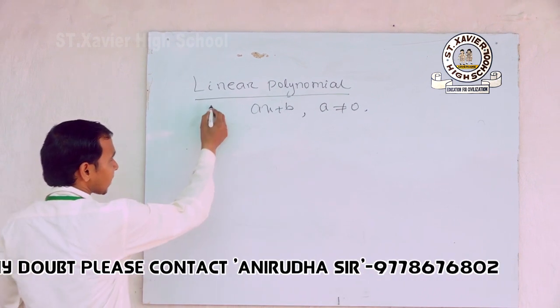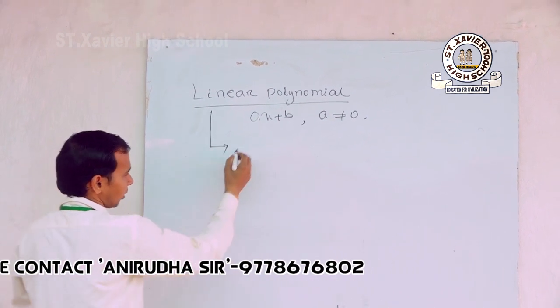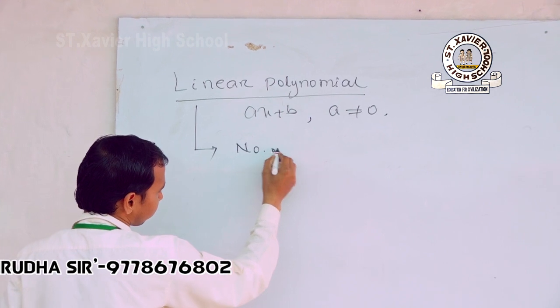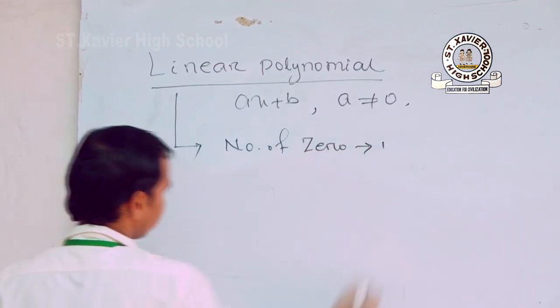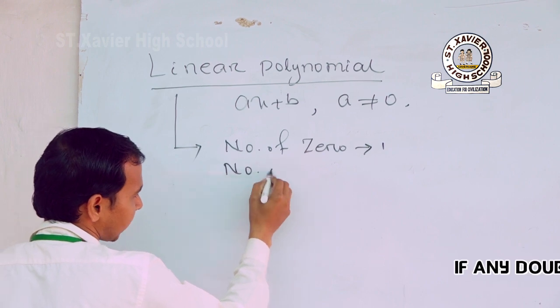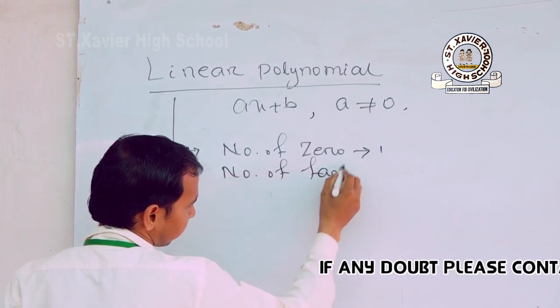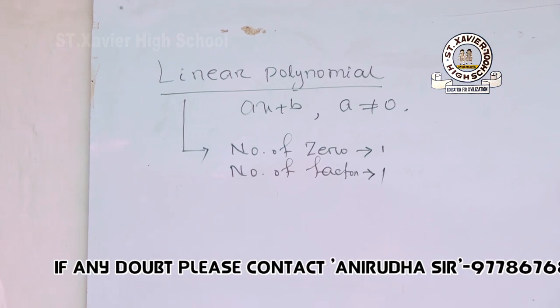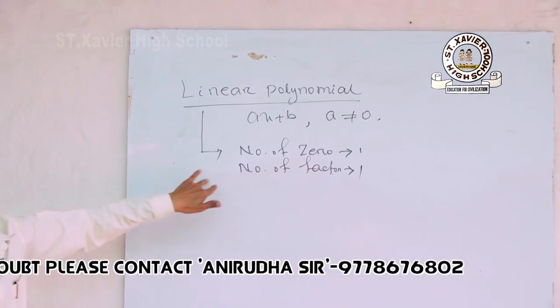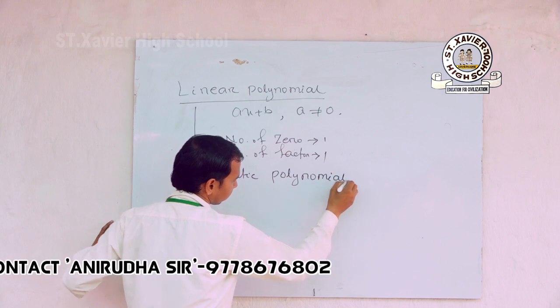So in the case of a linear polynomial, number of zeros is 1, then number of factors is also 1. Now come to quadratic polynomial.